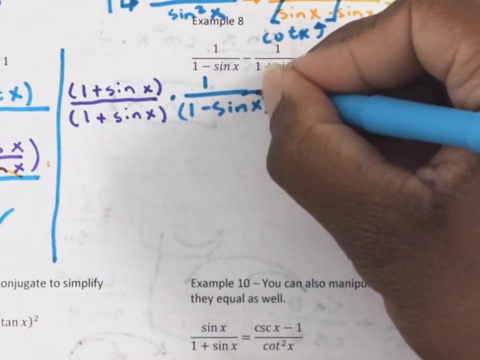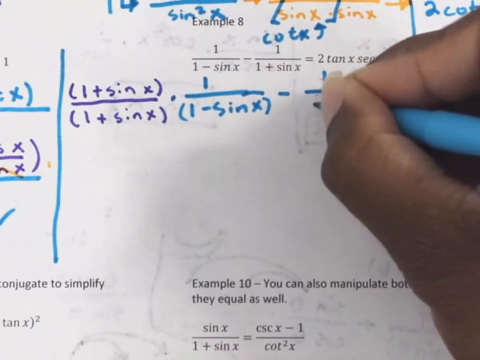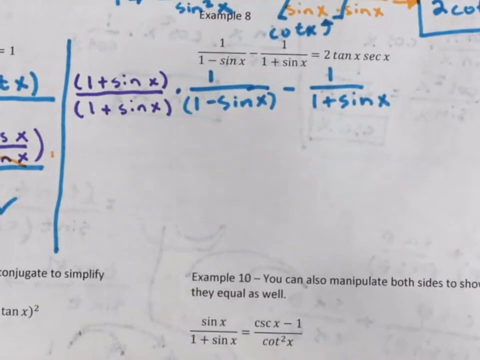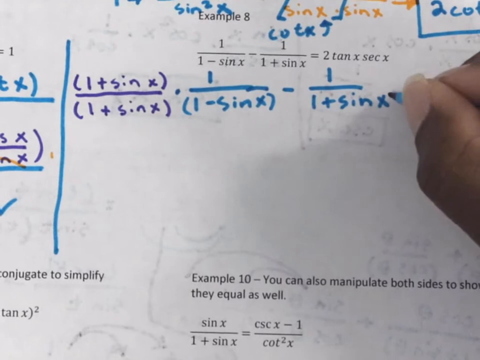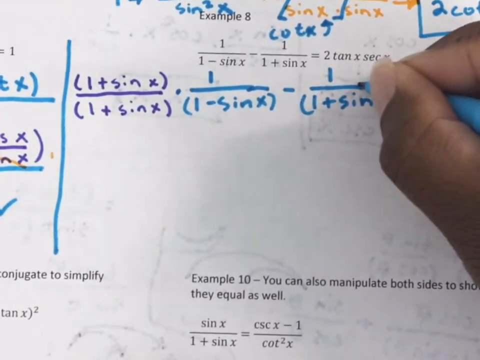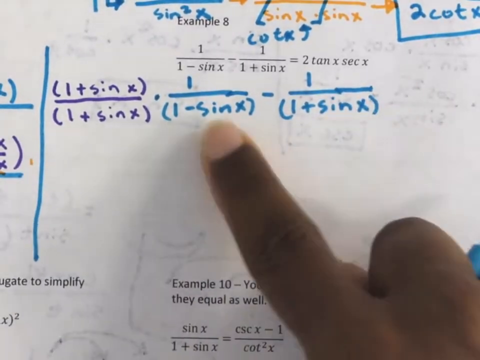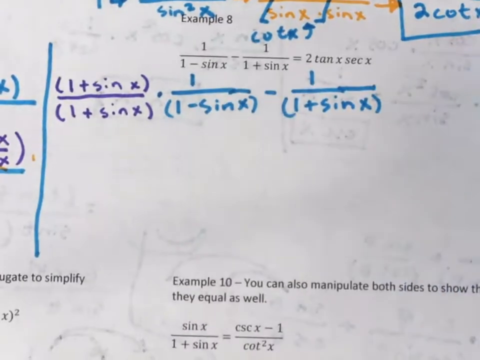Then I'll go to the right side, 1 over 1 plus sine x. So this one already has 1 plus sine x in its denominator. It needs this in its denominator. So I'm going to multiply both sides by what it needs, 1 minus sine.